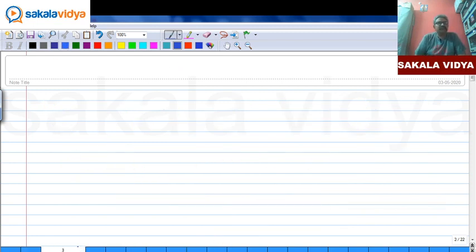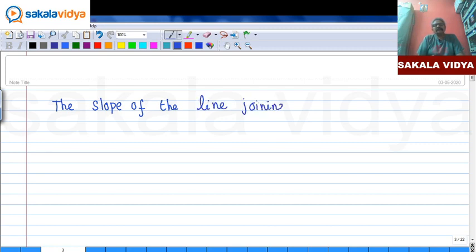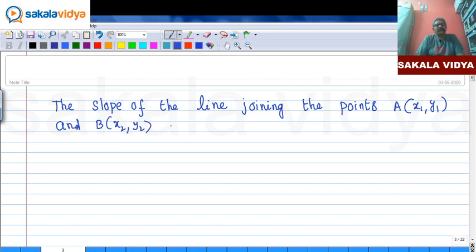Next, now the slope of the line joining the points A (x1, y1) and B (x2, y2) is m equal to (y2 minus y1) by (x2 minus x1), where x1 does not equal x2.